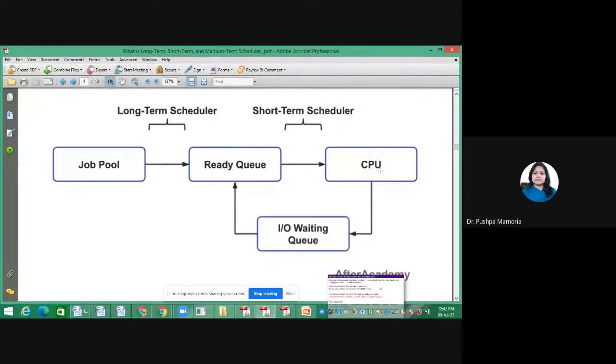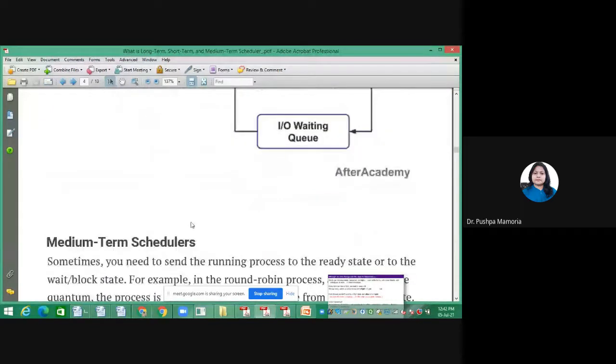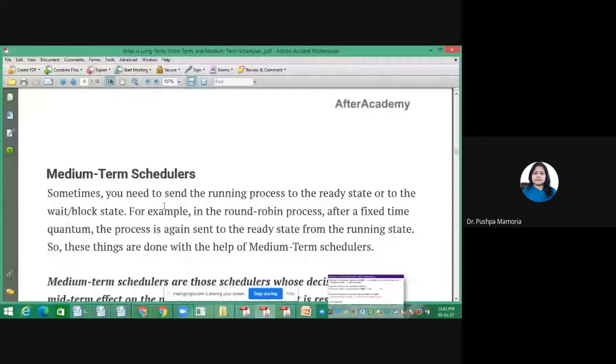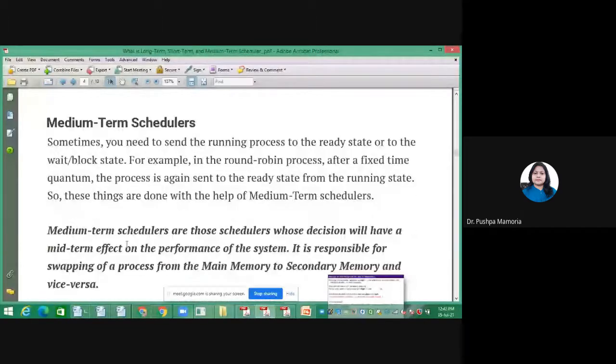Right? Now, the concept of the medium-term scheduler. Medium-term schedulers are those schedulers whose decisions will have a mid-term effect on the performance of the system. Okay. It is responsible for swapping a process from main memory to secondary memory and vice versa.